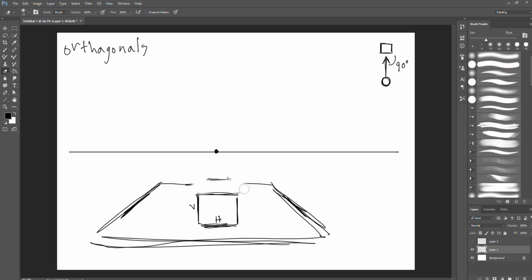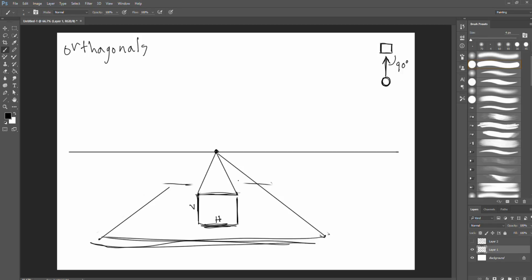And so I'm going to erase my orthogonals and redraw them, because now I can just connect all of my orthogonals to that point, and my scene will be constructed for me such that the box appears to be sitting properly on this tabletop.